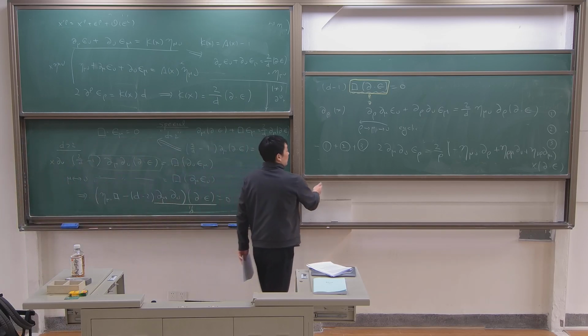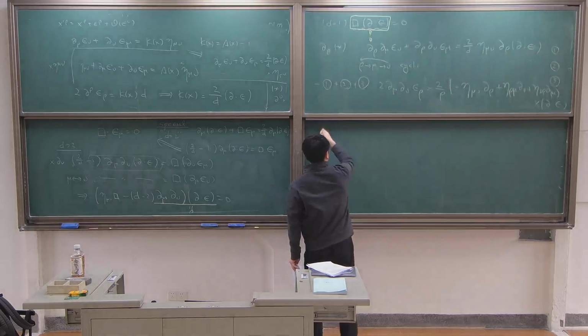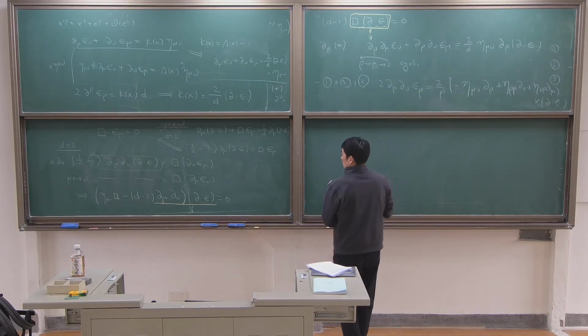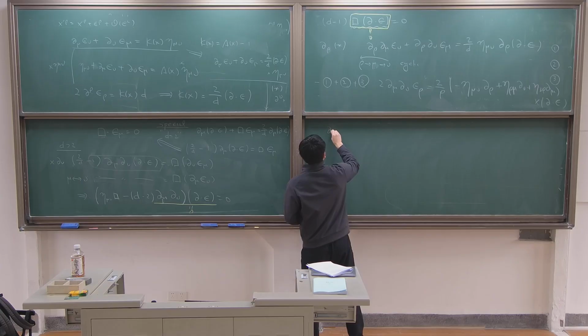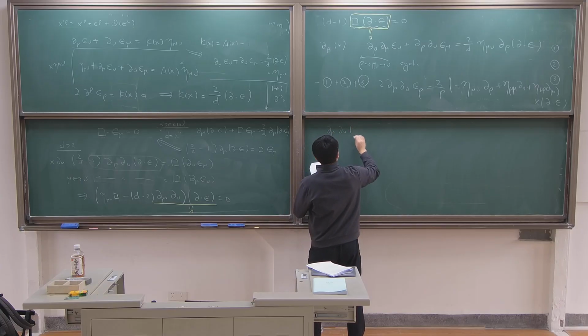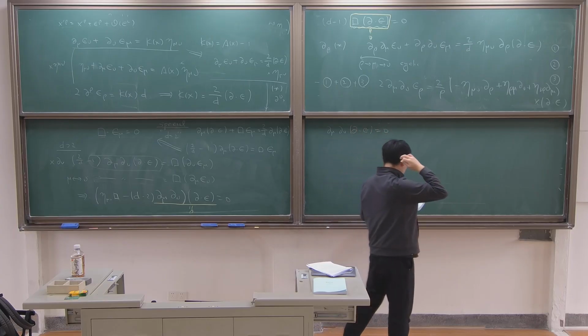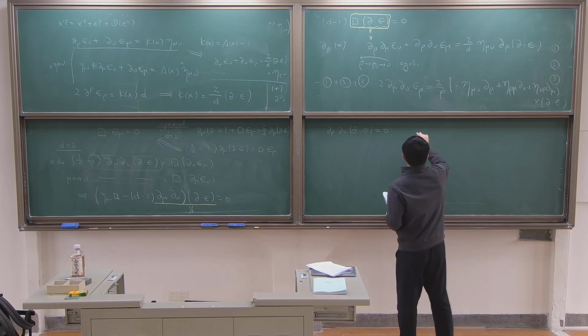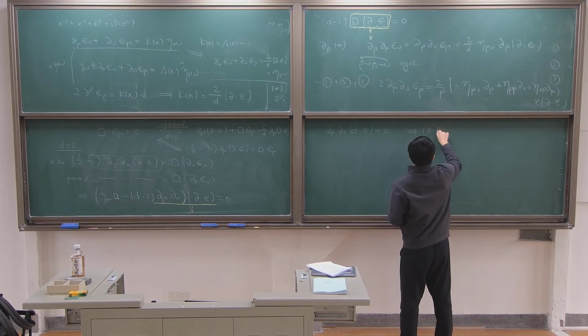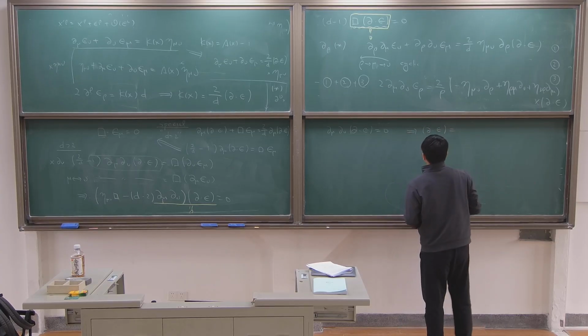Fine. So therefore, this means that at least they are del mu. So this means that the del epsilon has to be at least linear.